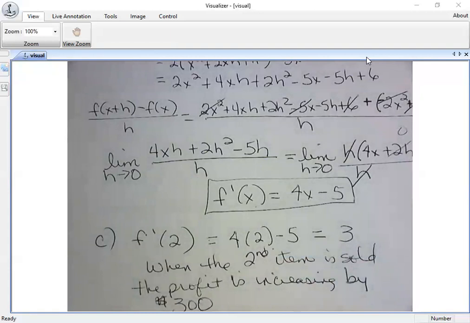Now, if I wanted to know what the change in profit is when I sell 3 items, I could plug in 3 and I could see if my rate of profit is continuing to increase or if it's starting to decrease.